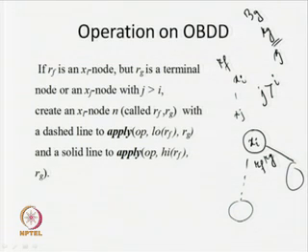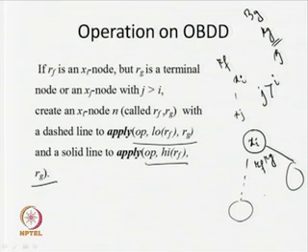At that time I am going to see what the situation will be. So, that is why we are going to apply low of RF and RG, because RG is independent of xi, and in case of the solid line we are going to apply high of RF and RG. So, this is the way I am going to construct my resultant BDD.